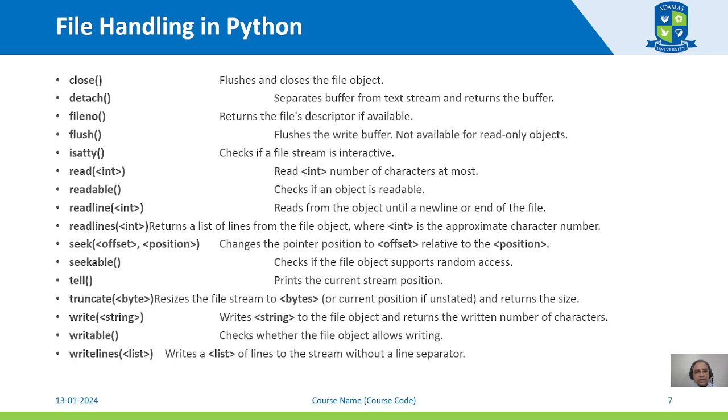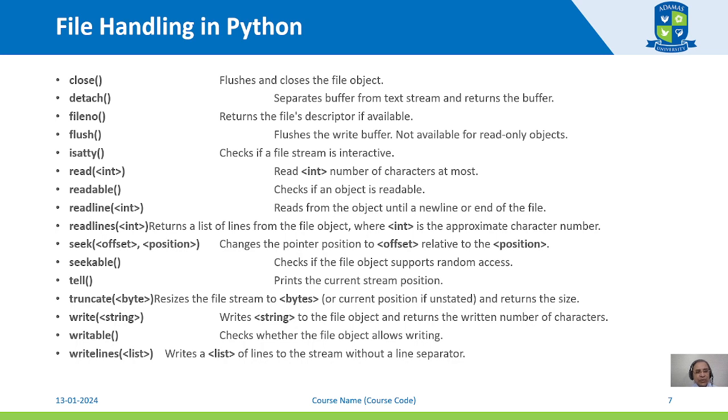Then flush flushes the write buffer, not available for read-only objects. So here you can see, if we open the file in W mode, the write buffer will be flushed out. That means whatever content is in the write buffer will be erased.